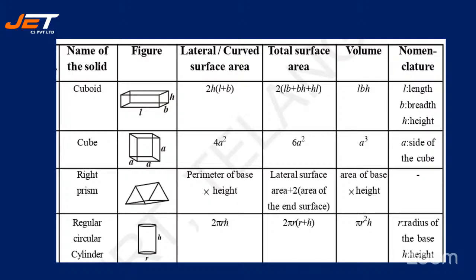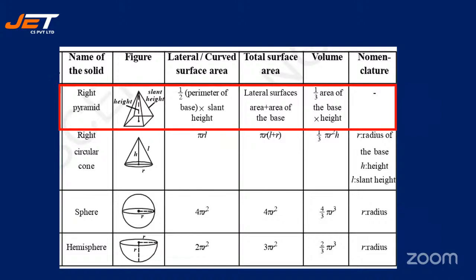And the regular circular cylinder: the curved surface area formula is 2 pi RH. The total surface area is 2 pi R into (R plus H). The volume is pi R square H. So next is the right pyramid.